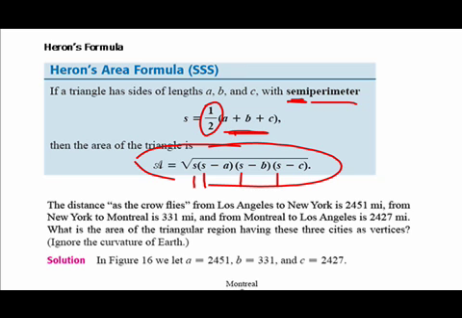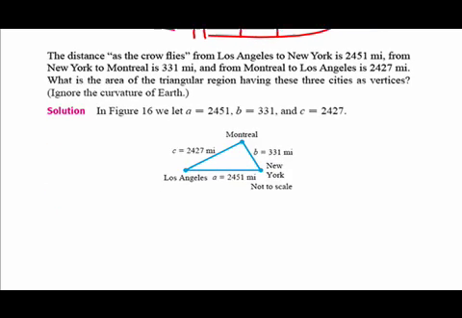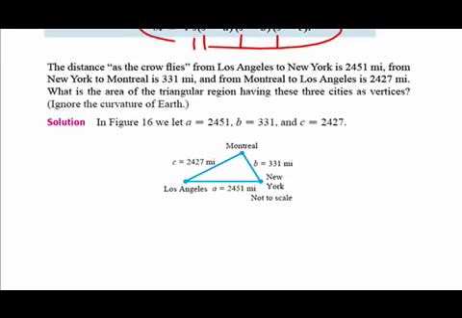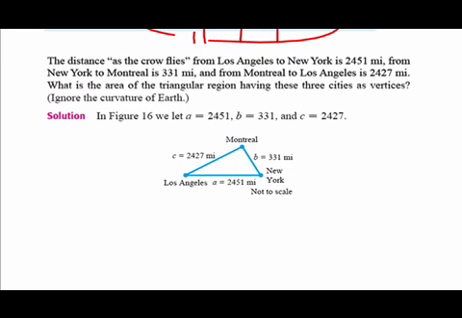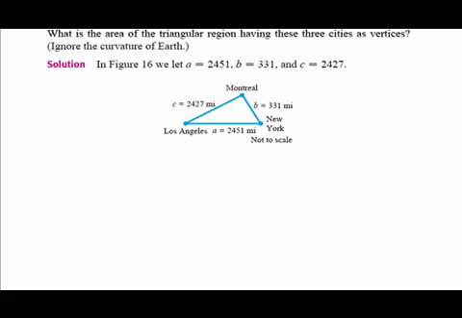It takes a while. So our problem says that the distance as the crow flies from Los Angeles to New York is 2,451 miles. From New York to Montreal, 331 miles, and from Montreal to Los Angeles, 2,427 miles. What is the area of this triangle? So we'll first come up with what the semi-perimeter is.